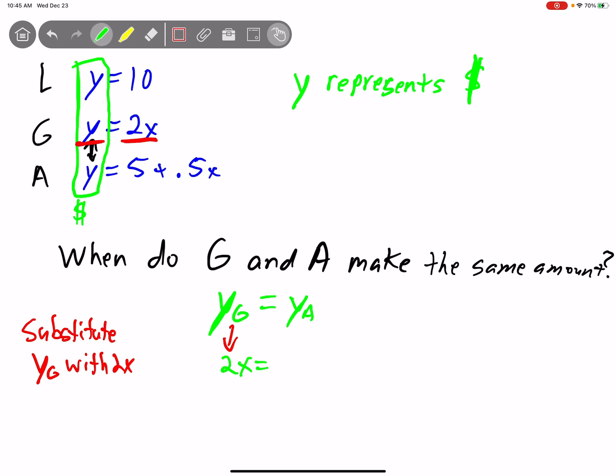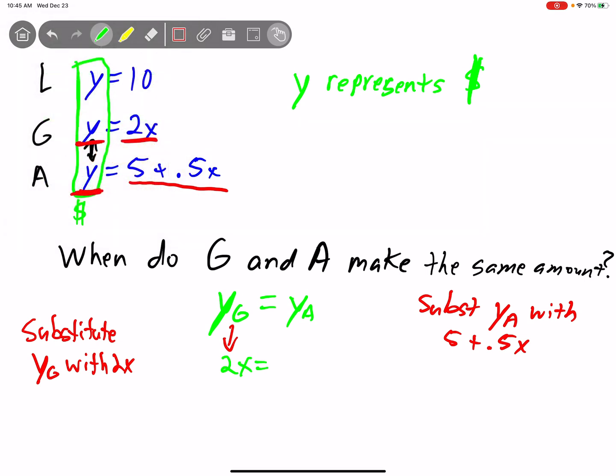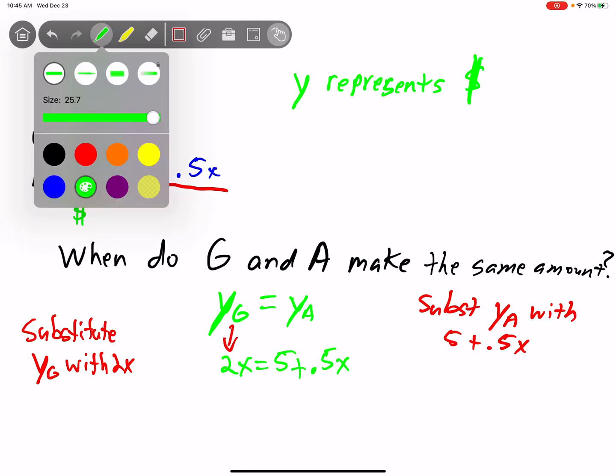And we also know that Alana, her y, her money, is equal to 5 plus 0.5x. So here we're going to substitute with 5 plus 0.5x. Oh, look, we have a linear equation.